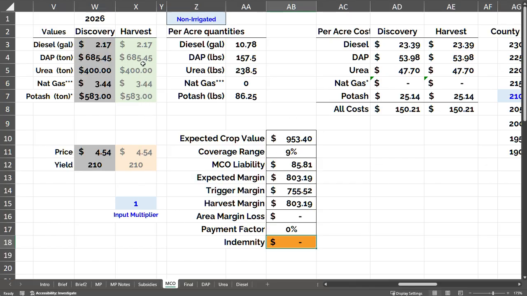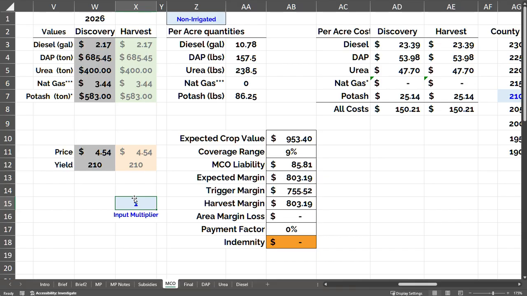If we increased the price of fertilizer, for example, like we did in the other slide, we could get ourselves into a situation where we had a payment. There we go. It took quite a big increase, but that's going to go to show my point here. This is a box that multiplies all of those inputs.